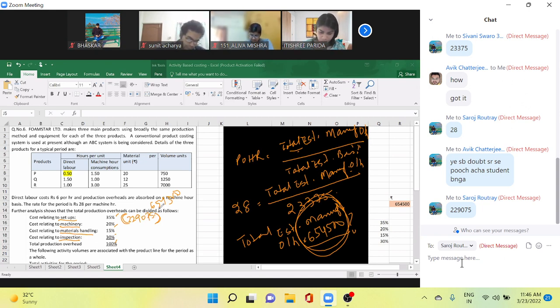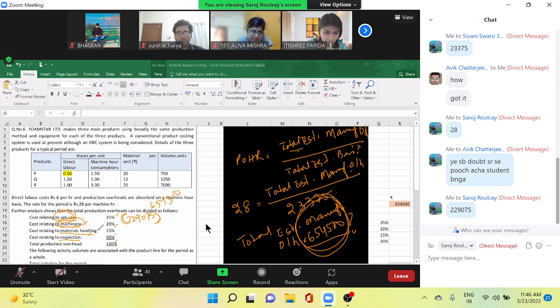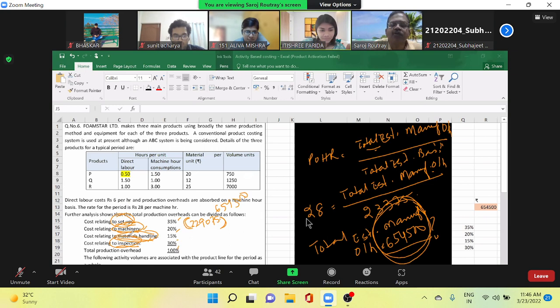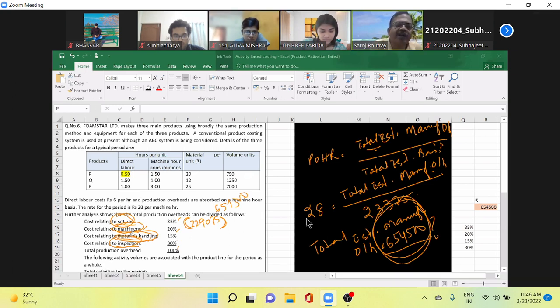Similarly, we can divide among machinery and material handling using the percentages, and find out the total cost incurred for the setup activity, machinery activity, material handling activity, and inspection activity. So the overheads are now allocated to 4 groups of cost pools.